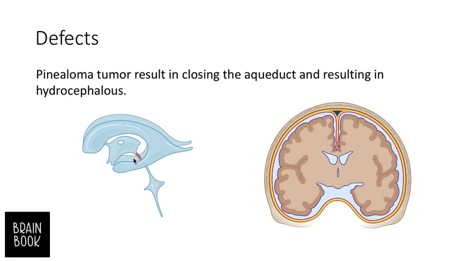And when the aqueduct is closed, it inhibits the flow of the cerebrospinal fluid in this system, and it causes hydrocephalus. And it makes many difficulties and deficits for the patient.